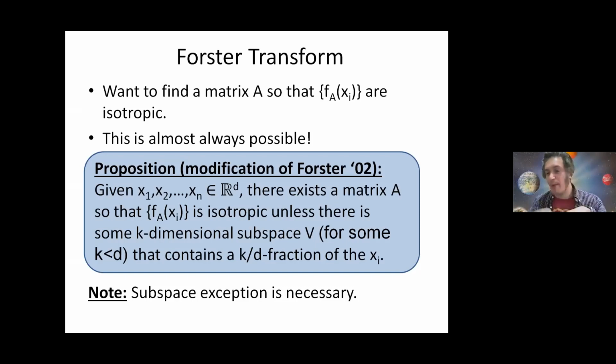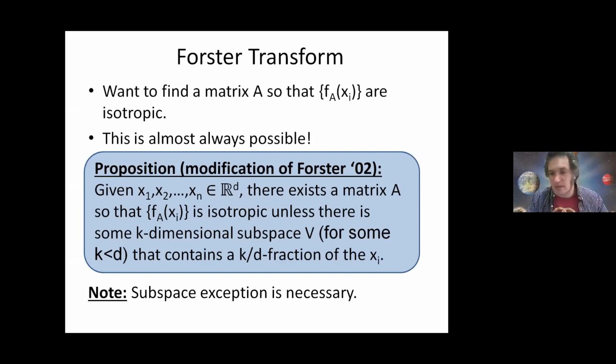If you have a proper subspace that contains a large fraction of your points, then no matter what linear transformation you perform, a low dimensional subspace still contains a large fraction of your points. And if it contains too many points, then the directions along that subspace are going to have too much variance. Your points are going to have too much mass along those directions, and it won't be possible for them to be isotropic.